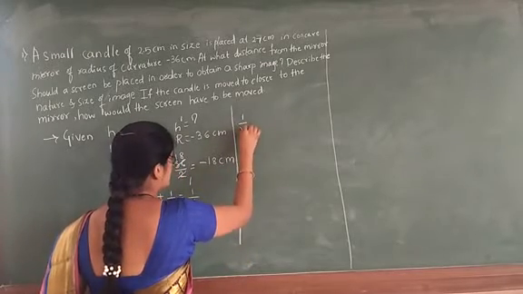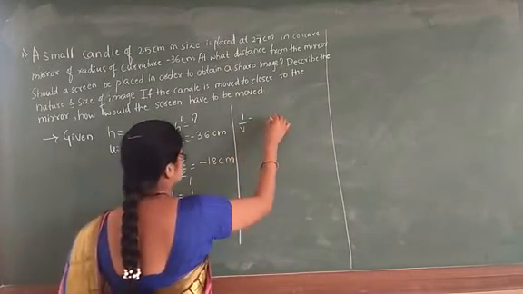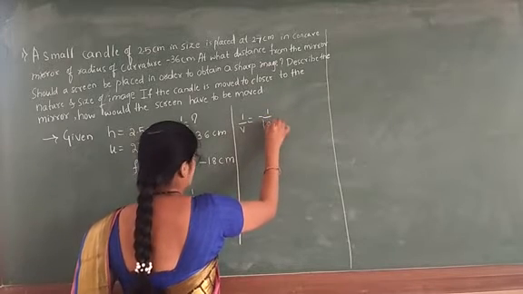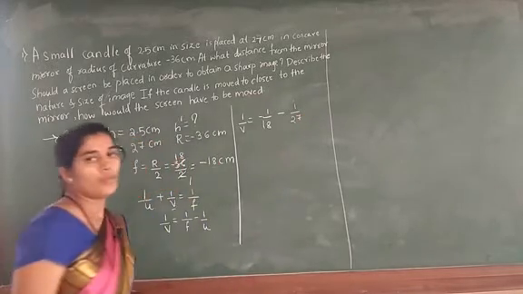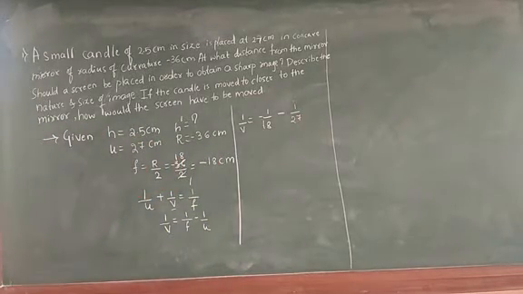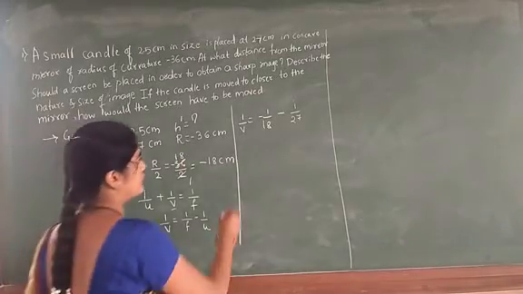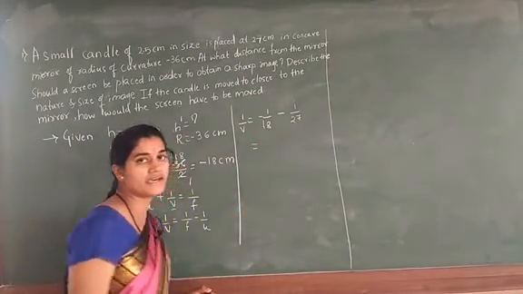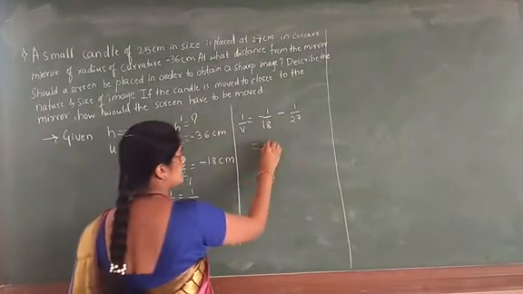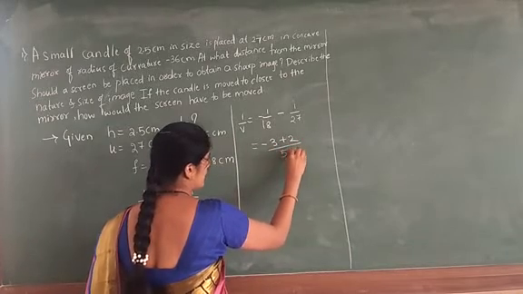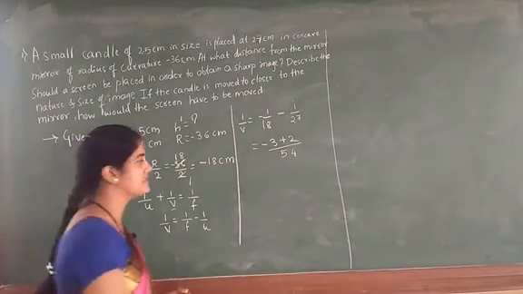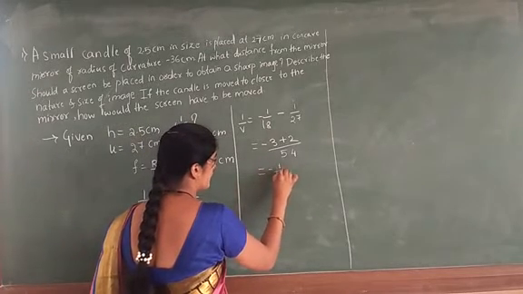Now 1 by v is equal to 1 by f, which is minus 1 by 18, next minus 1 by u, 1 by 27. Here 1 by v is equal to minus 1 by 18 minus 1 by 27. This can be written as minus 3 by 2 whole divided by 54, and the answer is minus 1 by 54.